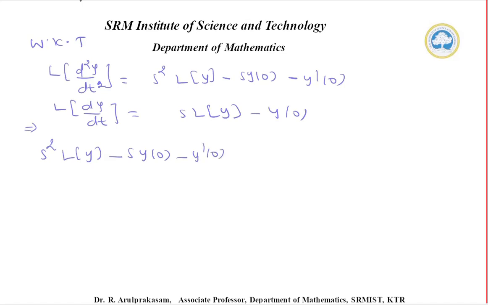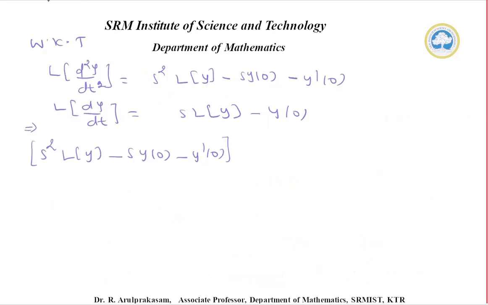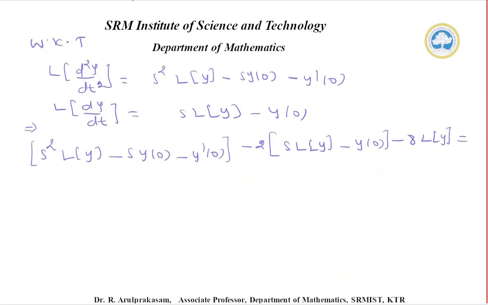Then minus 2 times the first derivative, I apply the formula s into L of y minus y of 0, then minus 8 times L of y. The Laplace transform of 0 is always a constant; here 0 means I am getting 0.